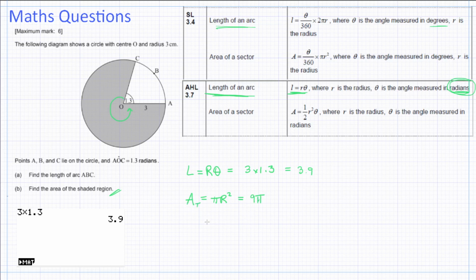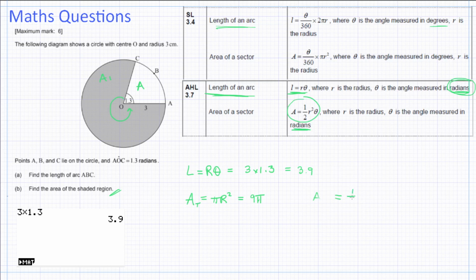I'll call this AT as total area. Now, let's call this, I don't know, A1. So this is A1, and let's call this simply A. So A1 would be the area that we want to find, right? So here, okay. So the area, we can use this equation here because we've got our angle in radians.